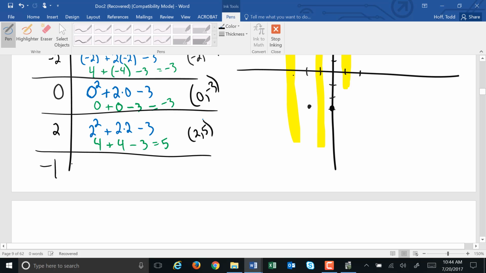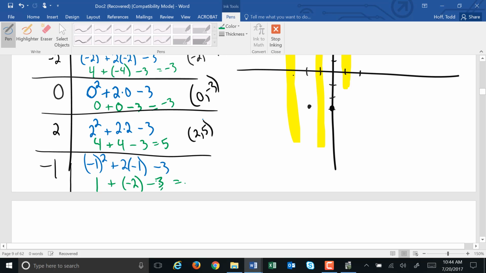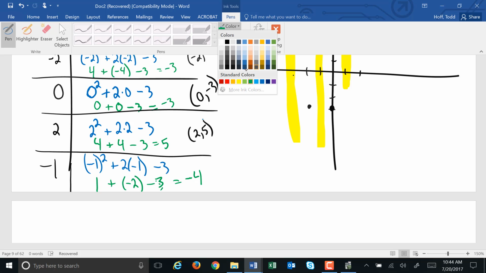If I put in -1 for x, y then is going to be -1 squared plus 2 times -1 minus 3. What is -1 squared? 1. What is 2 times -1? -2, then minus 3. 1 plus -2 is -1 minus 3 is -4.